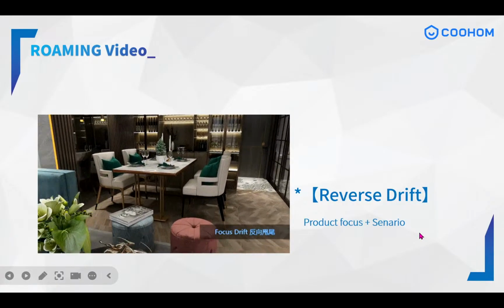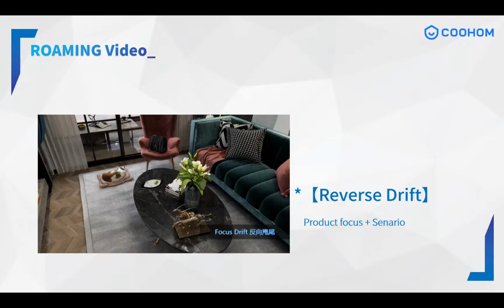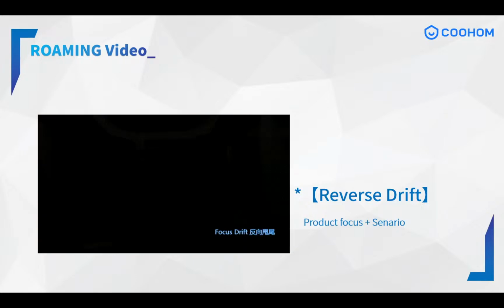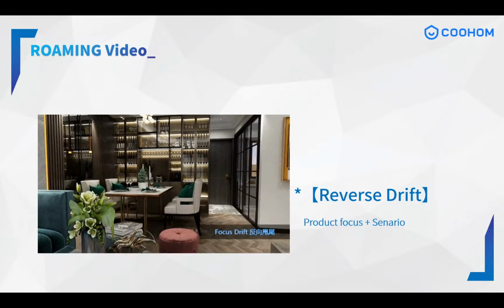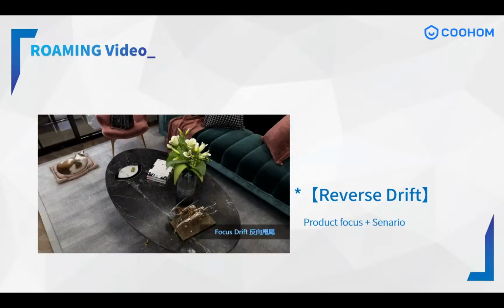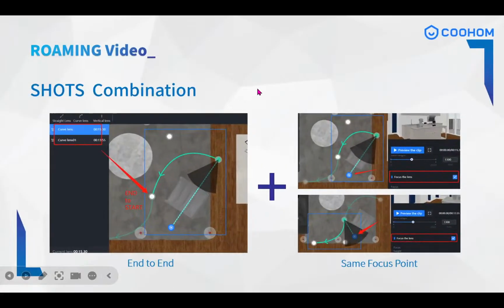Yeah. It allows us to get a product focus and then combine it with the scenario. But this time it's seldom that we have a scenario where you can drive faster. You see, now you can make it fast. Okay. And also another way of using it is the shots combination.